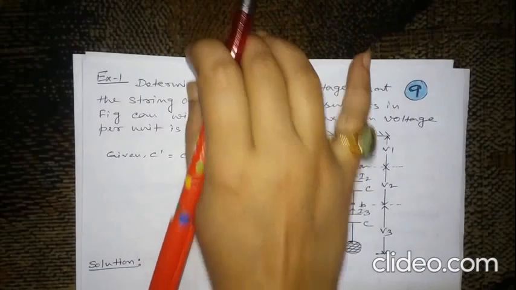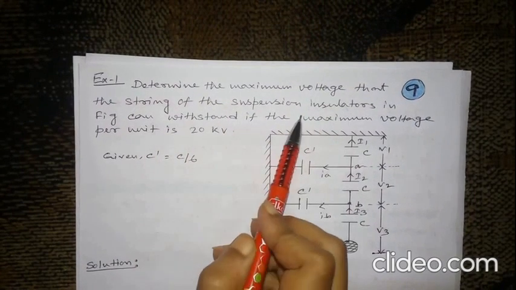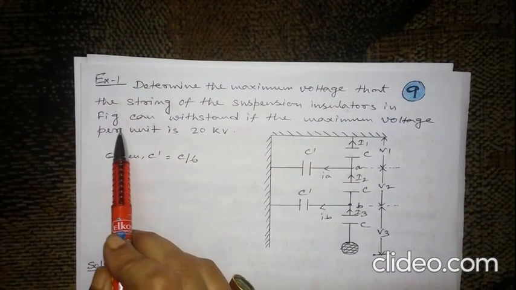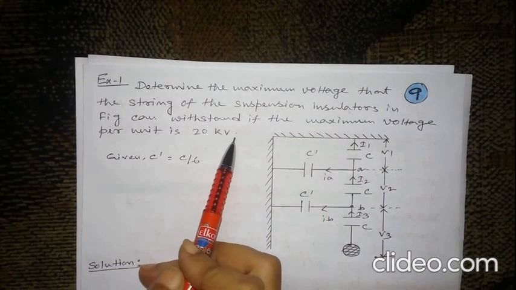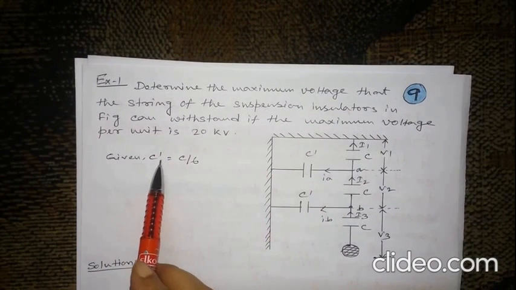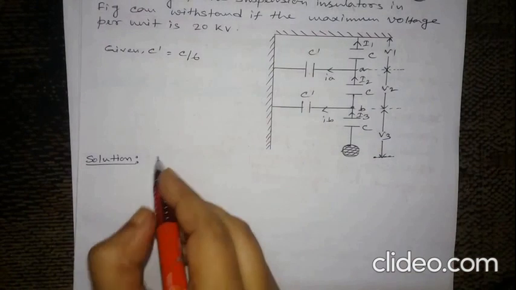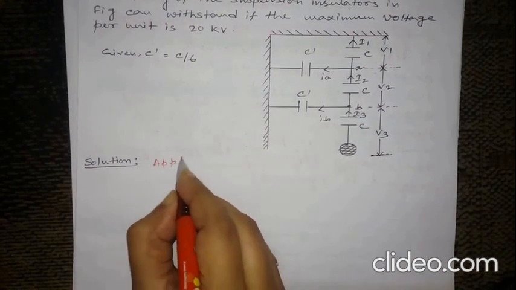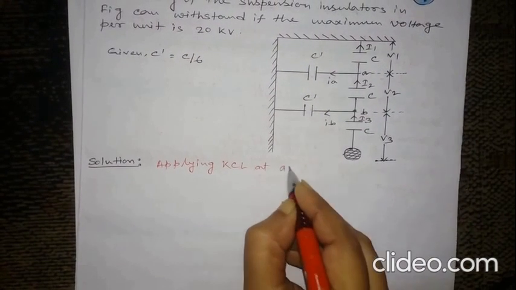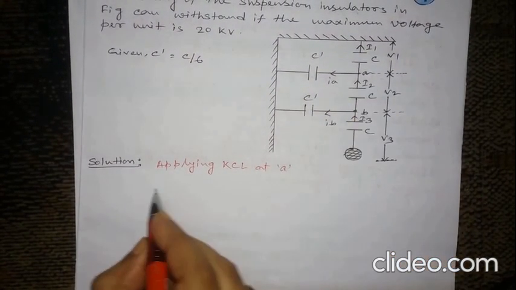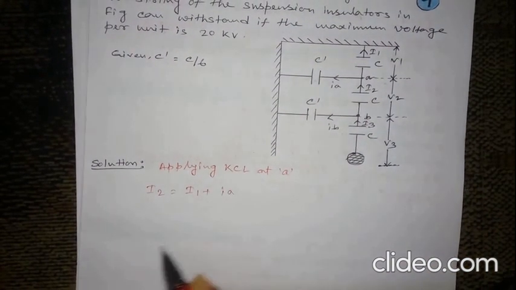Come to this simple example. Determine the maximum voltage that the string of suspension insulators in the figure can withstand if the maximum voltage per unit is 20 kV. Here is the figure, and given C dash is equal to C by 6. Now, first apply KCL at point A. So we can write I2 equal to I1 plus IA.